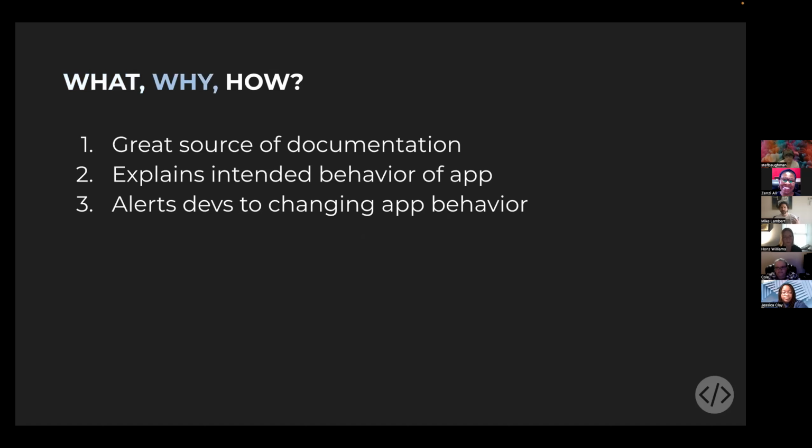They explain the intended behavior, and they also alert devs to changing app behavior. If you make a change that's outside the parameters of what the test expects and the test breaks, that is a great way of communicating, hey, the application is not supposed to do that.